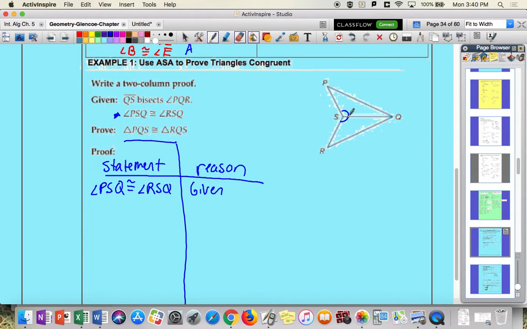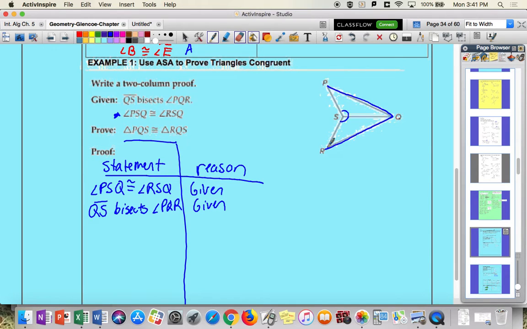Our other given is that segment QS bisects angle PQR. Now that doesn't directly tell us that anything is congruent, so we can't mark anything into the diagram quite yet. But what does it mean for QS to bisect angle PQR? Well, the definition of bisect means to split into 2 equal parts.